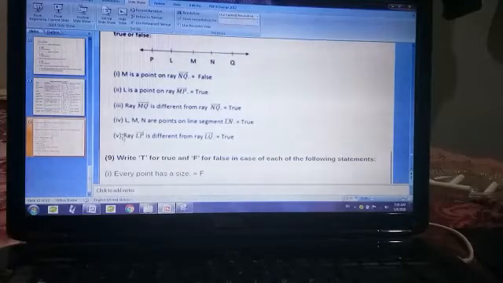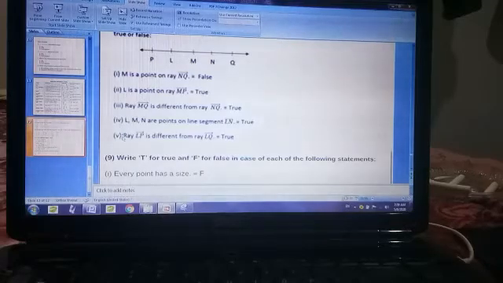So NQ means starting from N going in the direction of Q. NQ goes from N to the right and M is to the left of N, that is why it is a false statement.